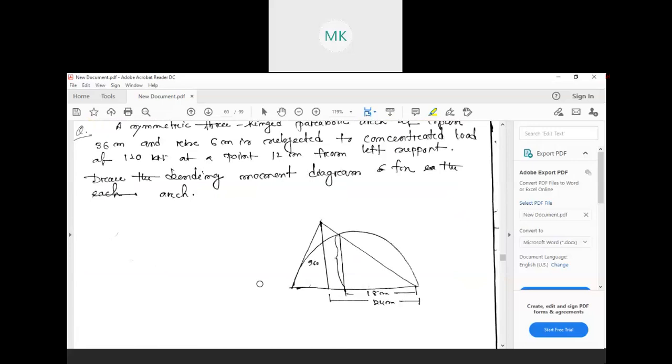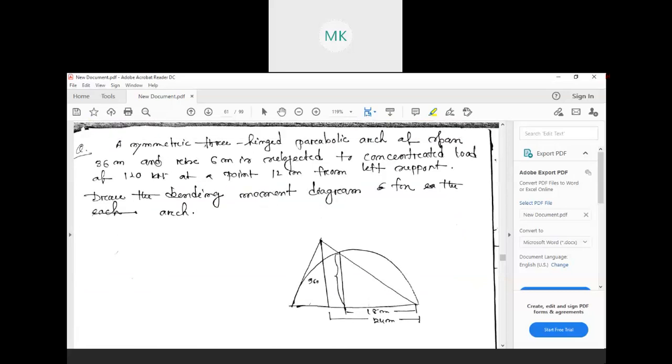So when you find the bending moment, all these things, this is just an example. Just try to do this numerical. There's a question. Try to do this numerical. After finding the bending moment, when you get the final value, you have to draw a diagram that looks something like this.